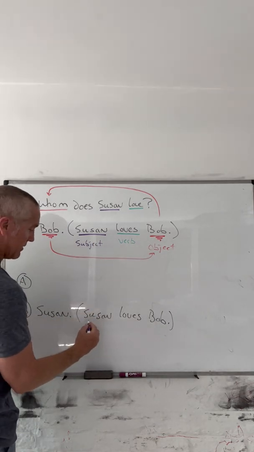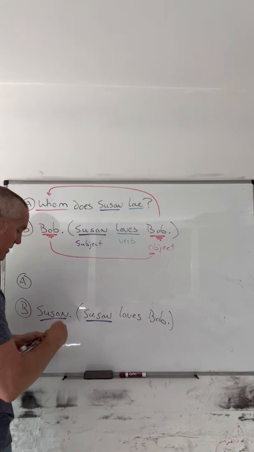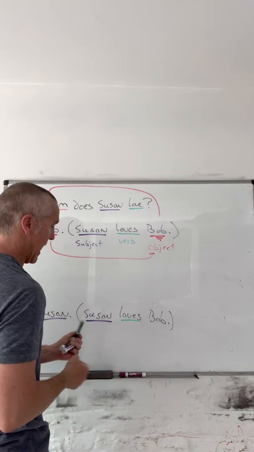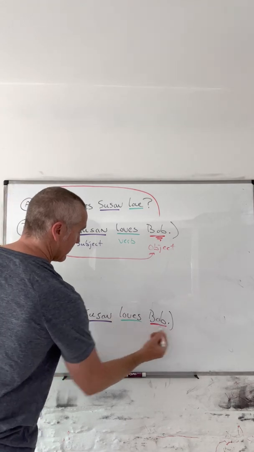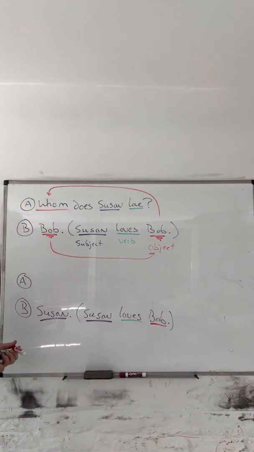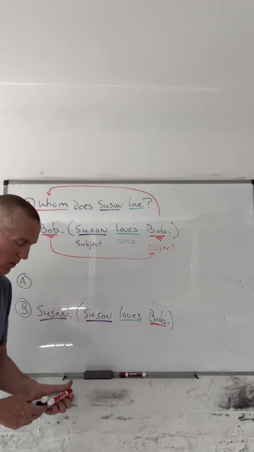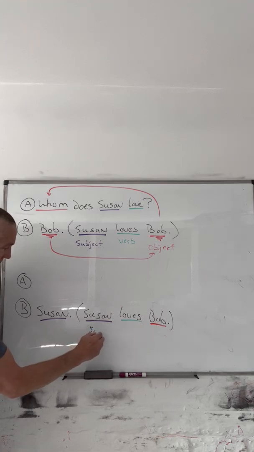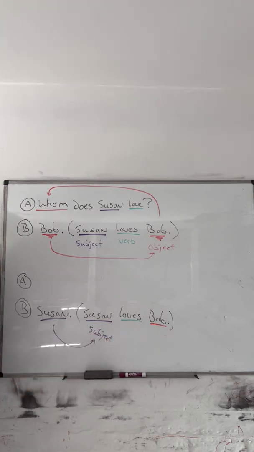Susan is the subject. And loves is the verb. And of course, Bob is the object right there. But now look, the information, the short answer, the information that we want is located where? Well, it's right here. It's located in the subject position.